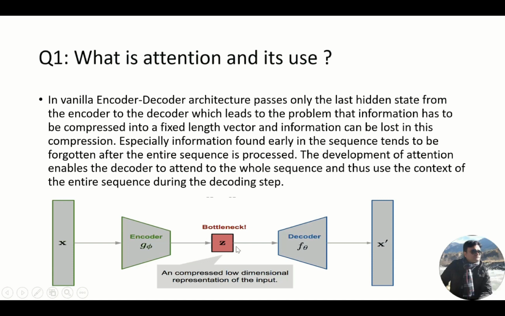To avoid such loss of information, the attention mechanism comes into the picture inside the transformer. The attention model enables the decoder to attend to the whole sequence and thus use the context of the entire sequence during the decoding step.